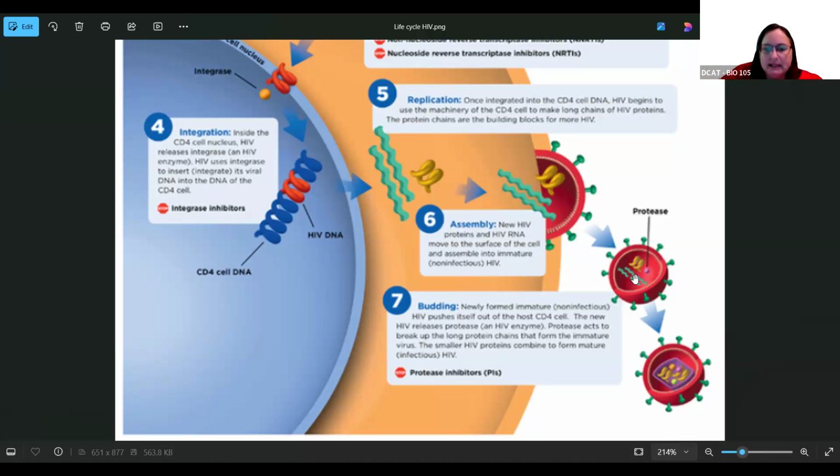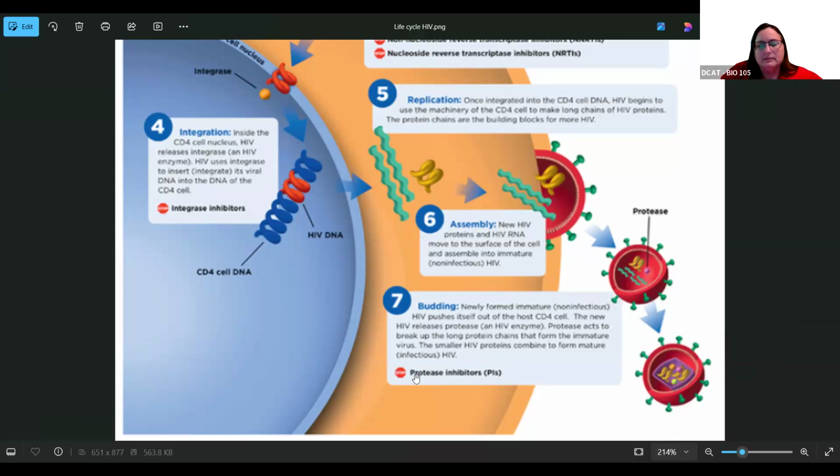So the new cell releases HIV protease. Okay, remember we said it ends in that ASE, right? That's an enzyme. So that HIV enzyme, that protease, acts to break up the long protein chains that form the immature viruses. The smaller HIV proteins combine to form mature infectious HIV.